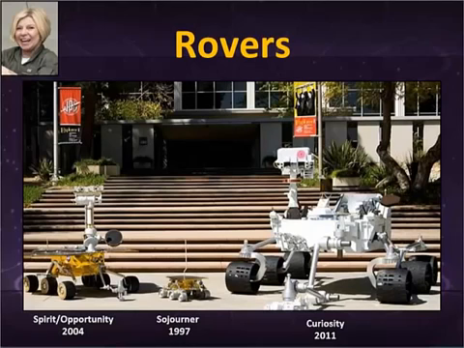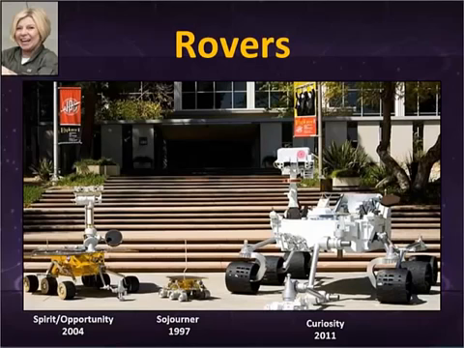If you look at Sojourner, Spirit and Opportunity are quite a bit bigger. And of course, they went to Mars in 2004. Now, if you take a look at Spirit and Opportunity, and then compare that to Curiosity, you can see that we're getting bigger, we're getting better. We know what we're doing now, and we keep expounding on what it is that we want to do and what we want to find.